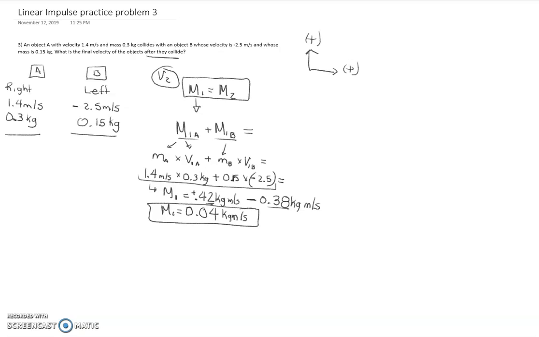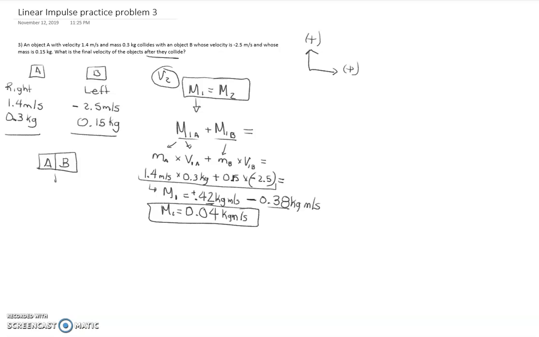Back to this formula here. Remember that the momentum that is generated by each of these objects separately before the collision is going to transfer after the collision. However, in the second part of the collision, because now they're going to be a unit, now we treat them as if they were together.